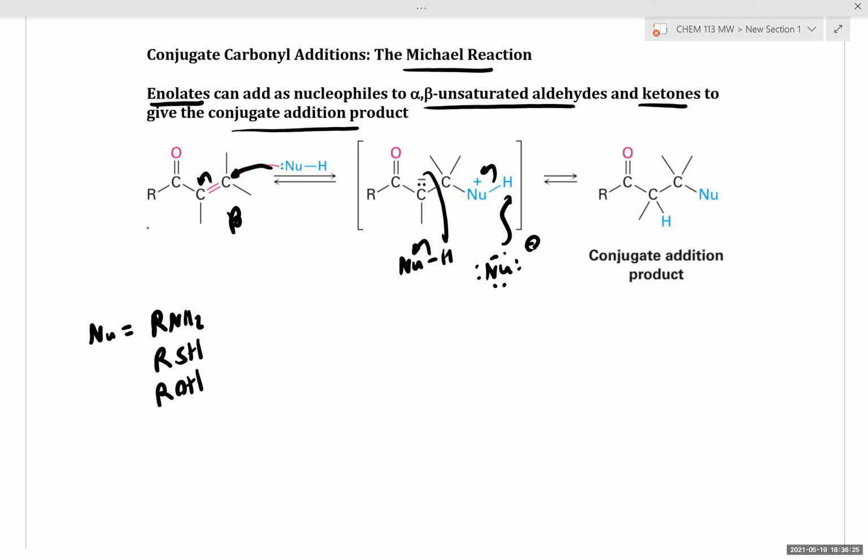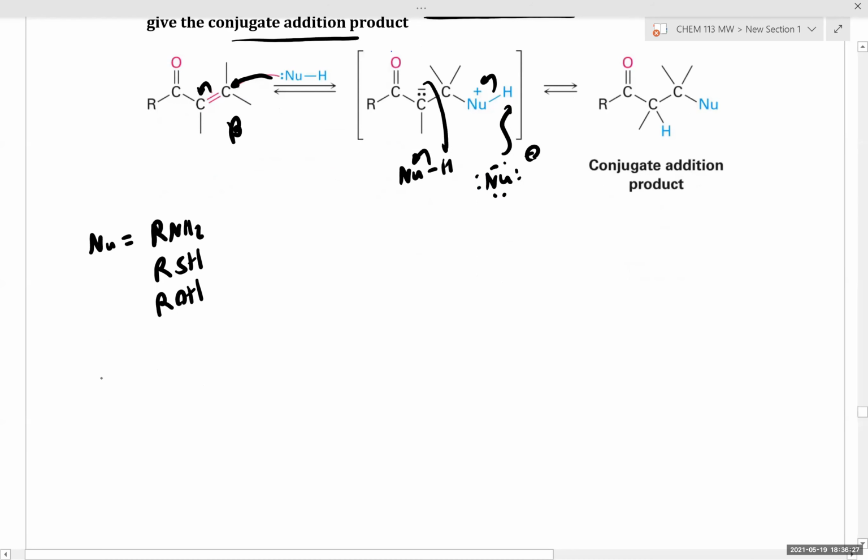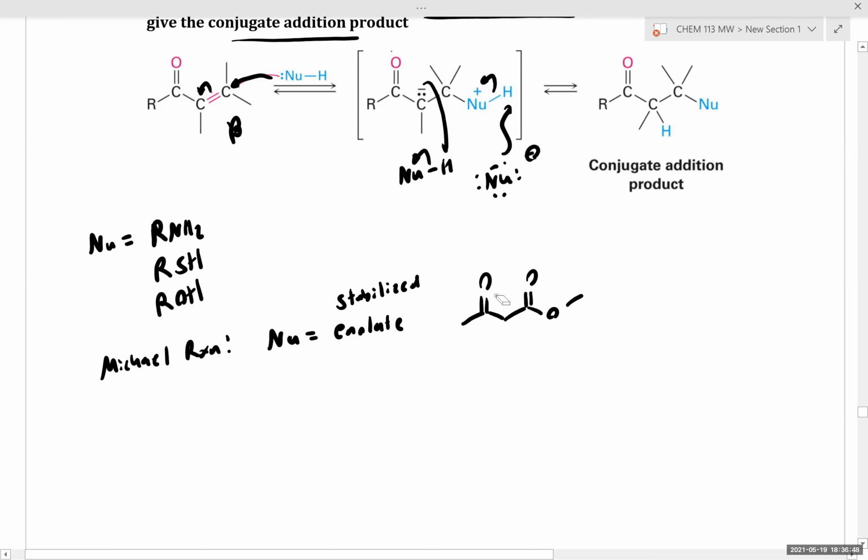Now, by the same token, let's look at what happens in the Michael reaction where our nucleophile is an enolate. And more specifically, it's a stabilized enolate. So for example, a beta ketoester is a great nucleophilic enolate for Michael addition reactions.